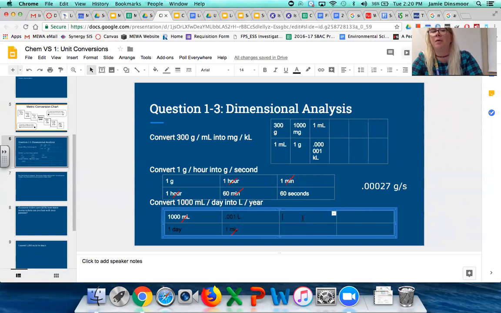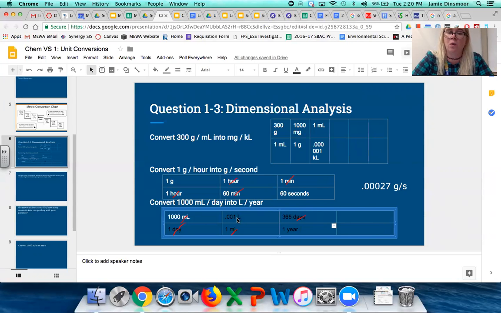So then at the top, I'm going to write 365 days are in 1 year. Now, my days cancel, right? Because day and days are the same thing. And I'm left with years. Well, I want years and I want liters. So it looks good in terms of units. Now I just have to do the math.